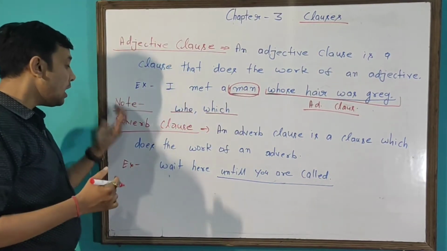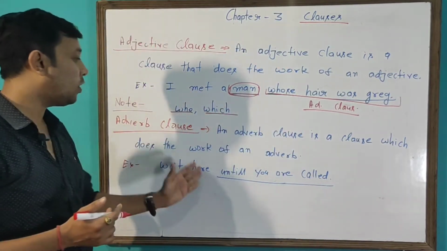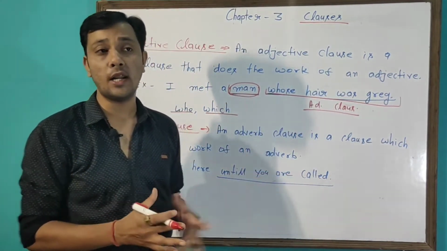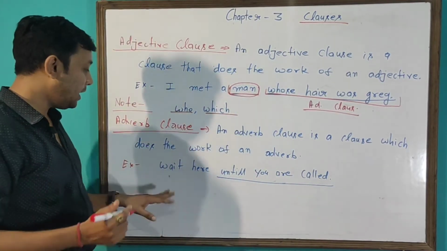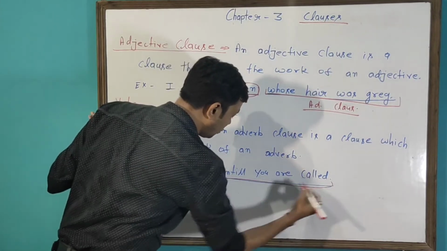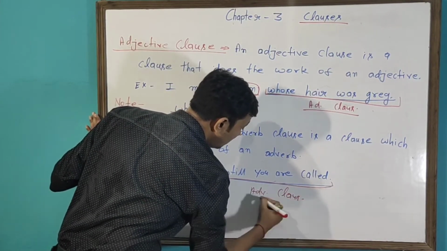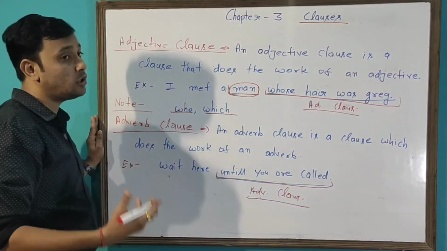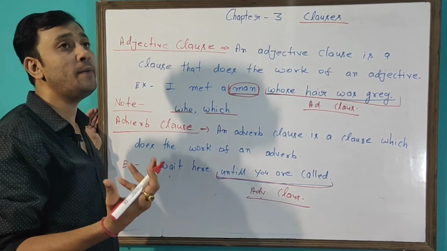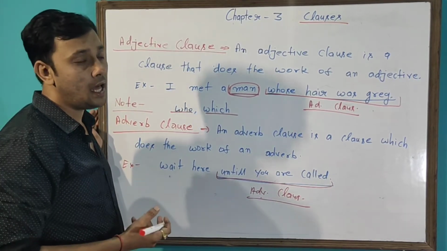Clear? Next is the adverb clause. An adverb clause is a clause which does the work of an adverb in the sentence. For example, wait here until you are called. So this group of words is known as an adverb clause. Now, for understanding adverb clauses, you should know what an adverb is. An adverb is a word which qualifies a verb, an adjective or another adverb.